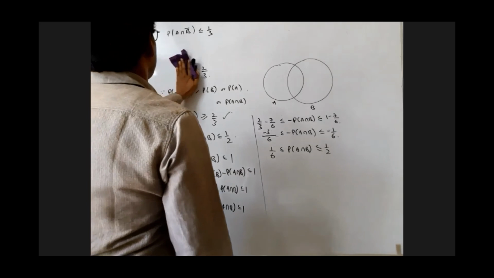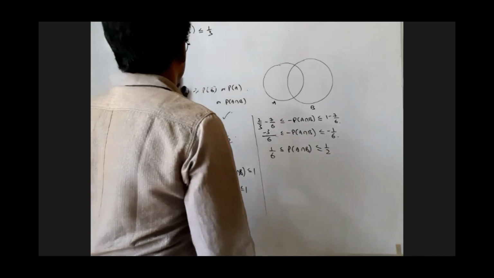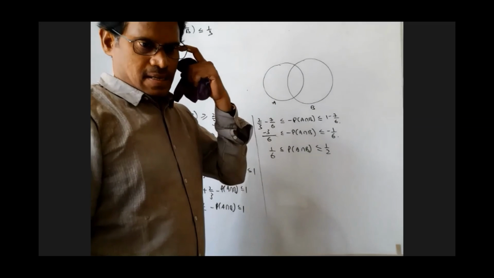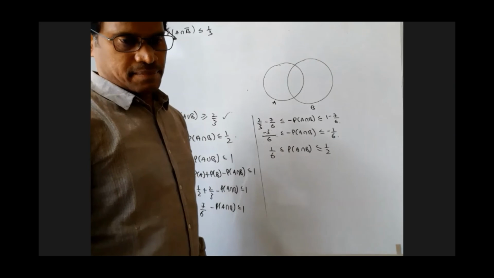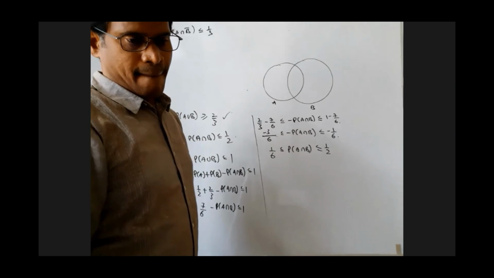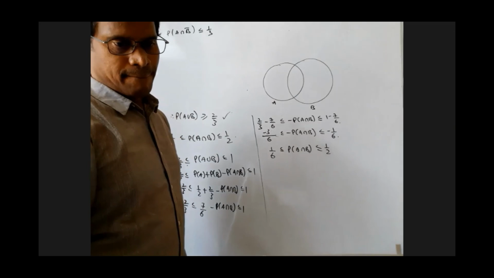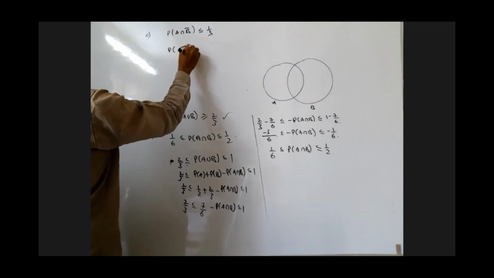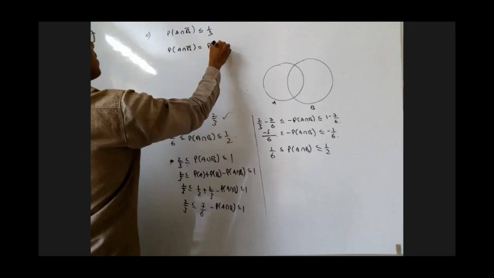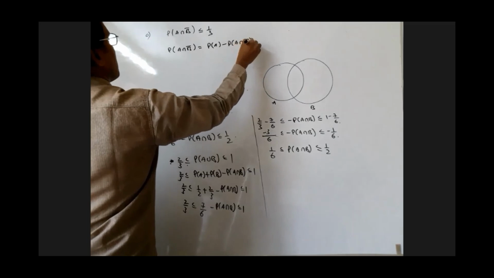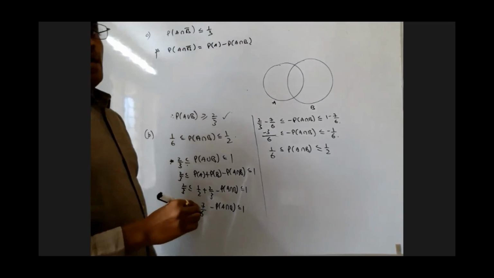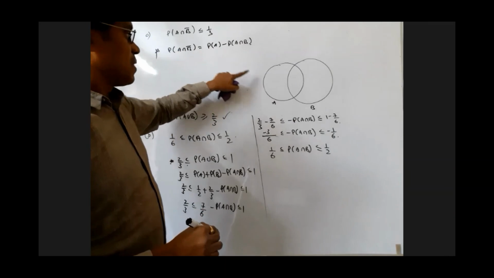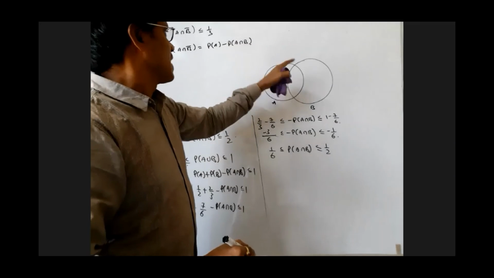You have to check option C. What is the information available with us? Already, my dear, probability of A intersection B complement is probability of A minus probability of A intersection B. All of you know this formula. It becomes the occurrence of A only, not B. That is probability of A minus probability of A intersection B.